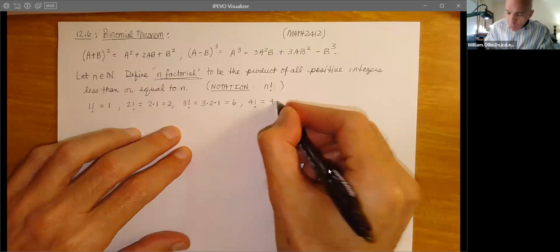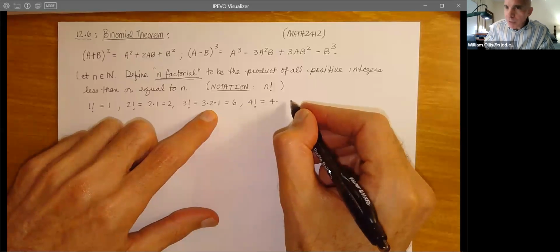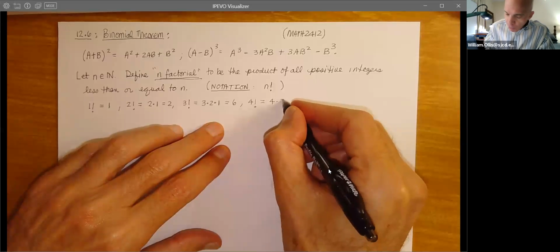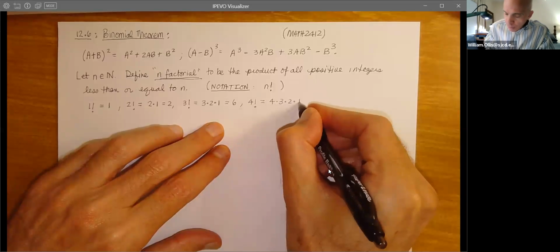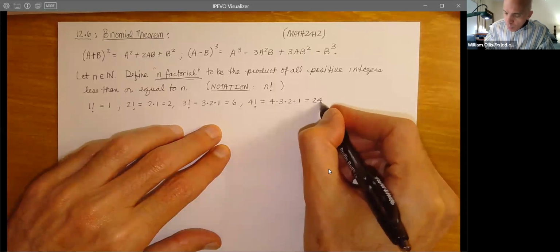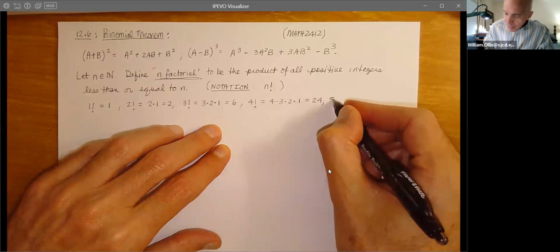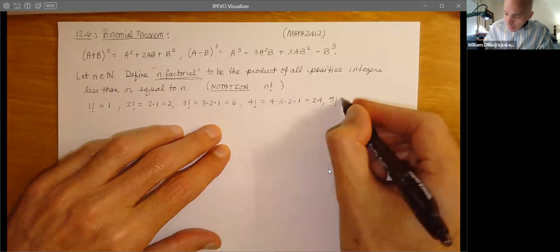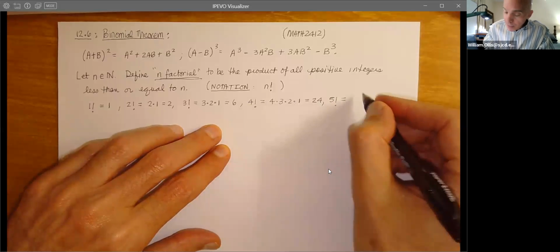And then 4 factorial, 4 times 3 times 2 times 1. You're thinking we really don't have to put in the 1, but you can for now. So that would be 4 times 6, or 24. Let's do one more. Do as many as you like. So this number grows pretty fast.